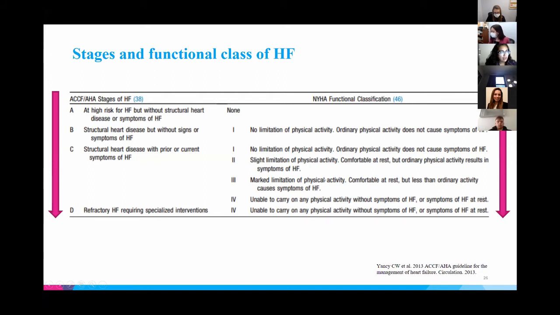A lot of times patients will be admitted as stage C, say NYHA class 3 to 4. If you put them on diuretics and medications and control their blood pressure prior to discharge, and their symptoms improve, they may be discharged at an NYHA class of 2.